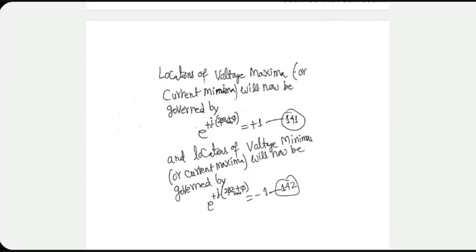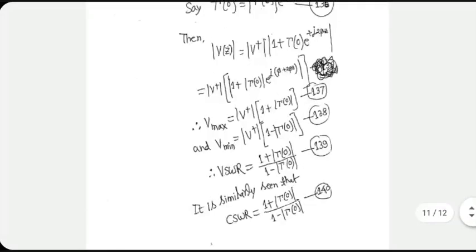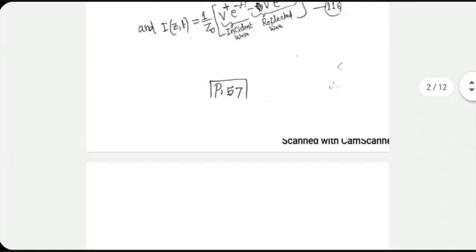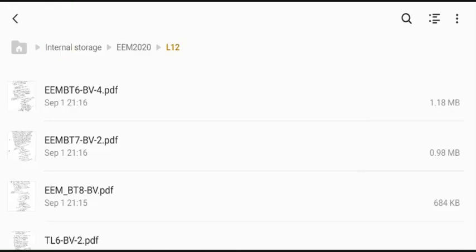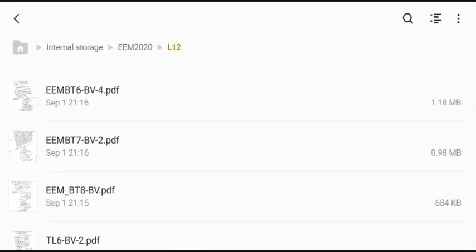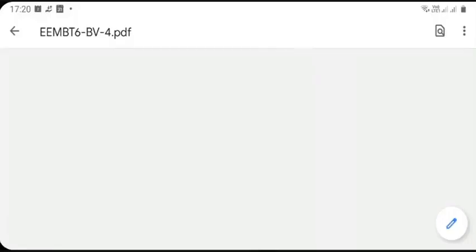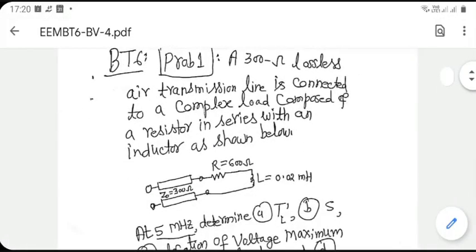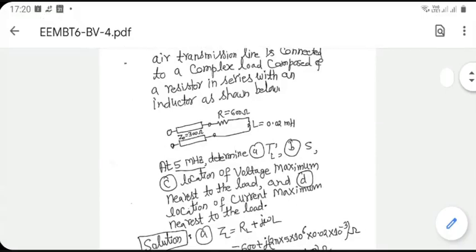That's what I'm going to show you now by looking at some solved problems involving VSWR, etc. Maybe before that, I'll show you a problem which may not have VSWR in it, but it is worth looking at. Actually, it has VSWR, I think. Yeah, it has VSWR in it.